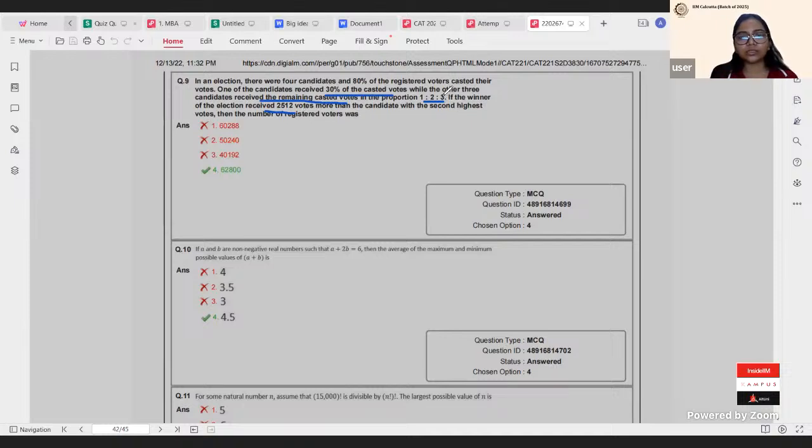So basically, one candidate got 30%. The other candidates got the remaining cast votes, that is 70%, in the ratio of 1:2:3. That is basically 1/6, 2/6, 3/6, or half. So like 35%.